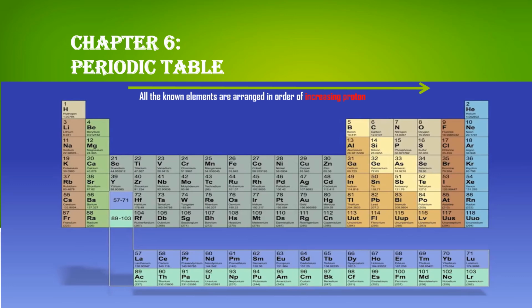All the known elements are arranged in order of increasing proton number. There are two main parts of the periodic table. The first one, we call it the period, and the second one, we call it a group.